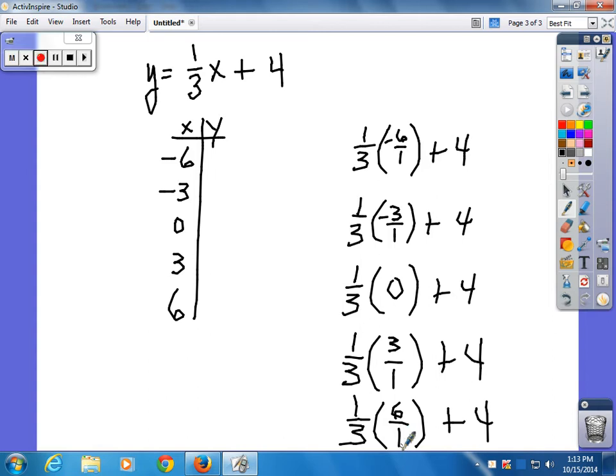And what happens to each of them? Well, 3 will go into -6 how many times? -2. -2 times 1 is -2, plus 4 is 2. What happens to 3 and -3? It makes a -1. -1 times 1 is -1, plus 4 is 3.